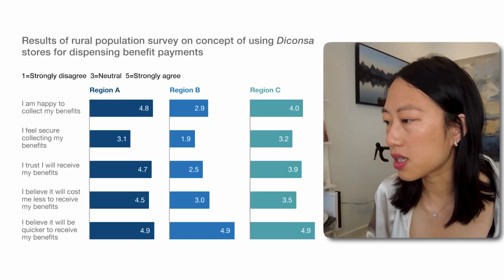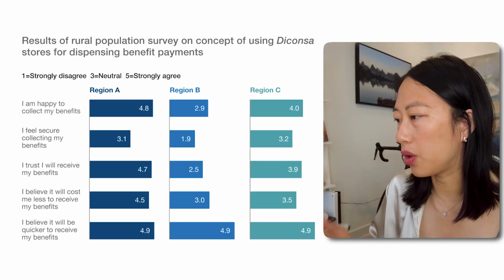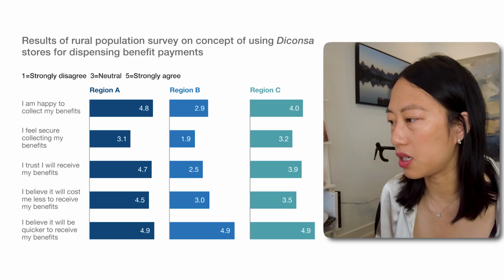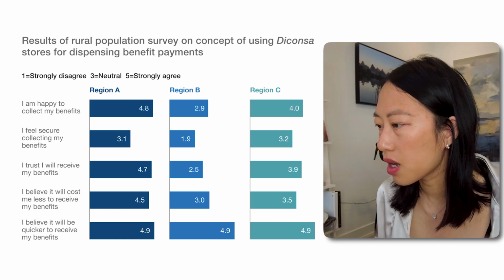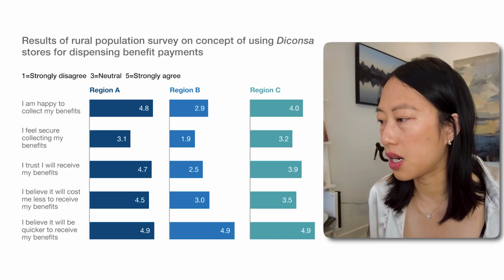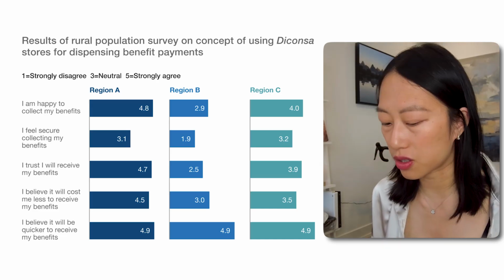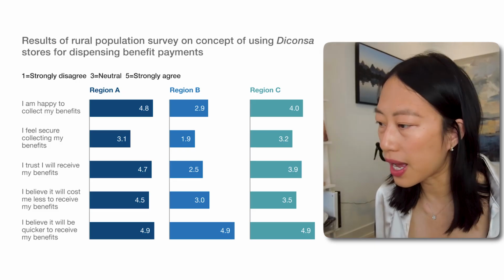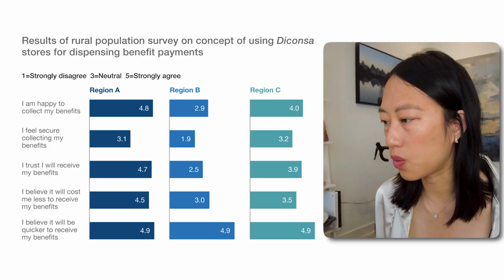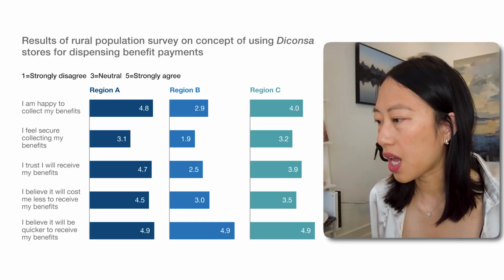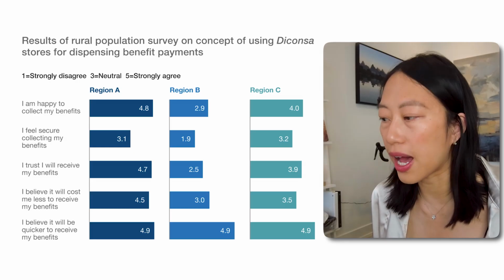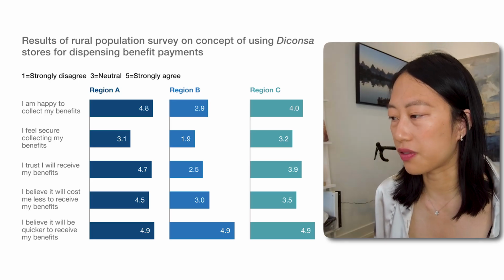So, hey, looks like this is a survey of how people think about using DeCosa stores for dispensing the payment in different regions. We have 3 regions. It looks like the key factors that we're considering that people really care about are whether they're happy, security is one, trust is another one, and then money or cost is another one, and then also the time commitment is kind of the 5th dimension.